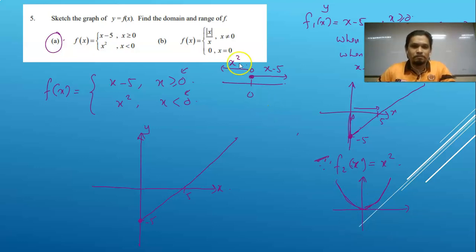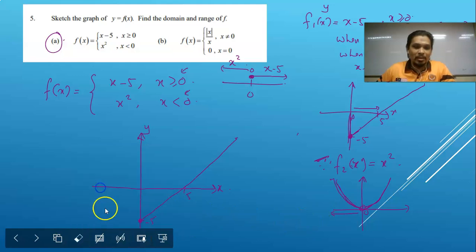And now y equal to x squared. Yes, x squared intersects at the point 0, 0 here, the origin, and this is y equal to x squared. And this is valid for x less than 0, all the values of x on the left side. So it means that you begin from here. There you go. So now, we are going to clear this.